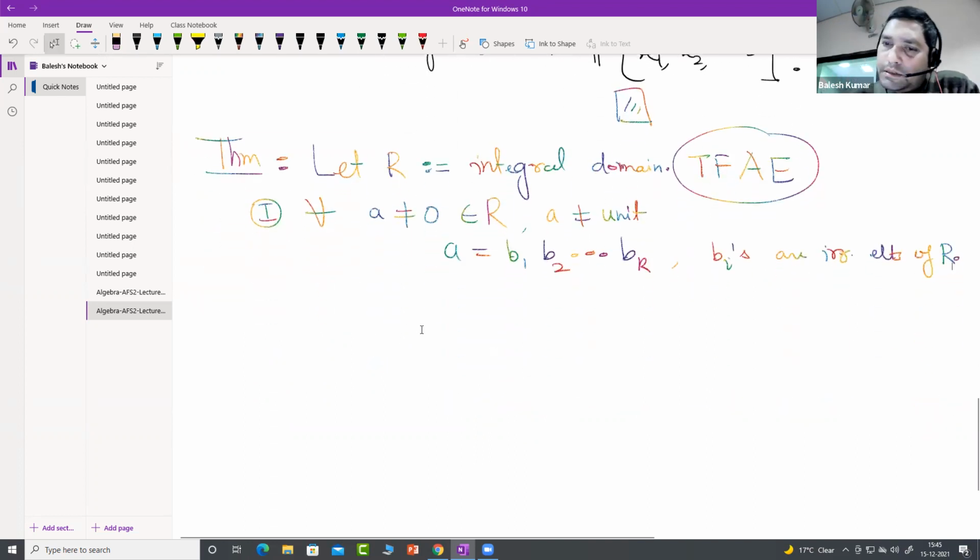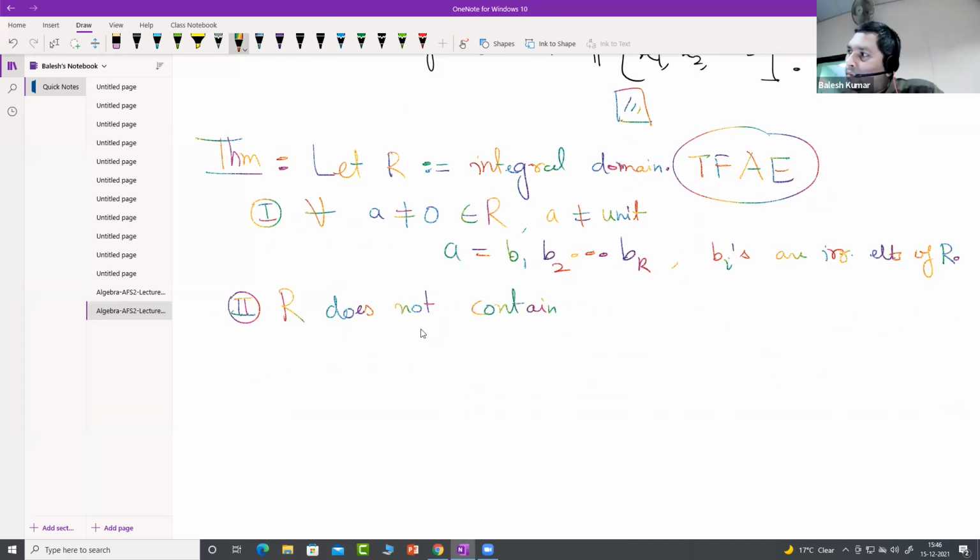The second condition, which we have just discussed, is that this integral domain R does not contain an infinite increasing chain of ideals. What is the meaning of this?